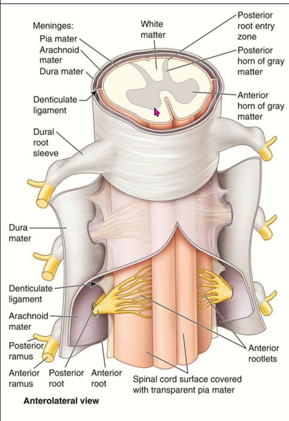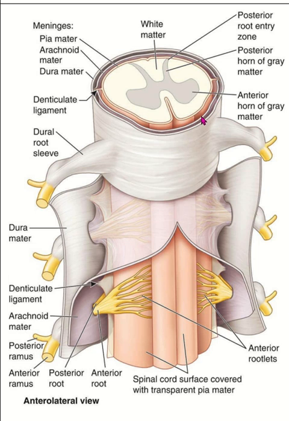Now see the pia mater. You see the pia mater also extends through the fissure, and the pia mater thickens and forms an important ligament, the denticulate ligament.